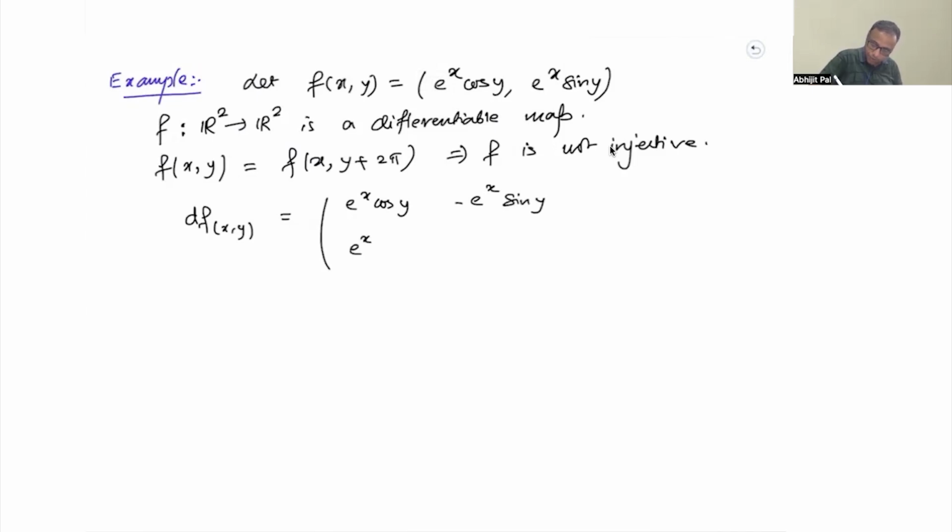And the second row will be e^x sin y, e^x cos y. So this will be the matrix of this linear map.